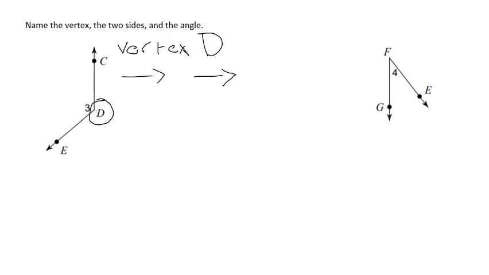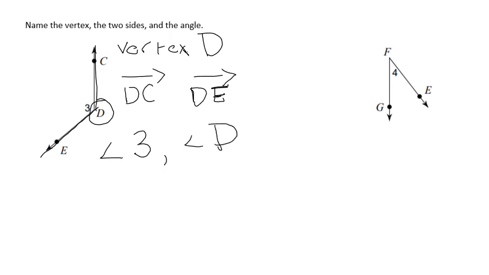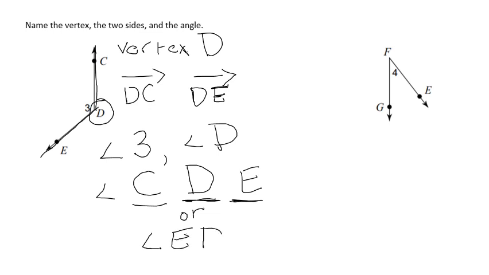So here we have ray DC, and we have ray DE. So they're the 2 sides of the angle. So now when we name the angle, we can name it with the nicknames, or we can name it with the 3 letters. Now remember, that vertex has to be in the middle. So we can say CDE, or we can say EDC, but that vertex still has to be in the middle.